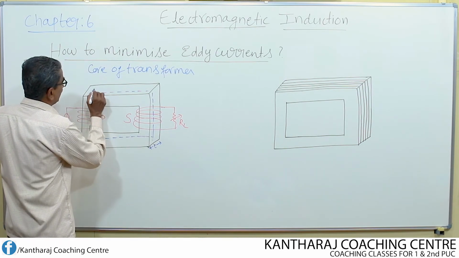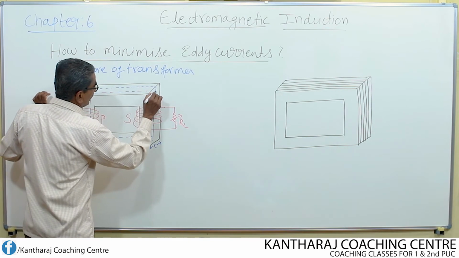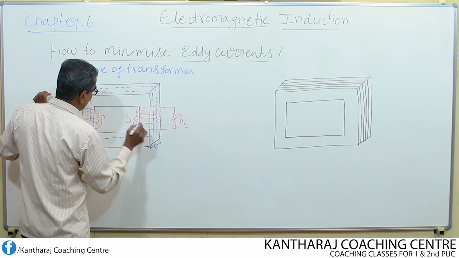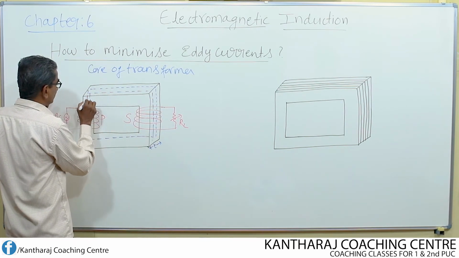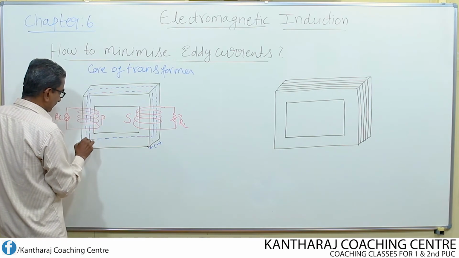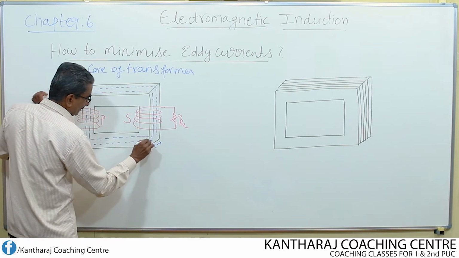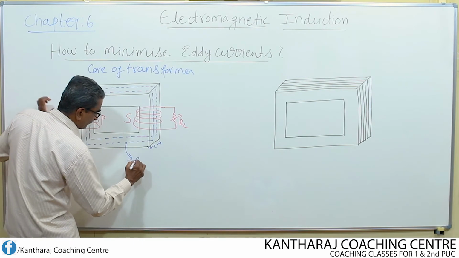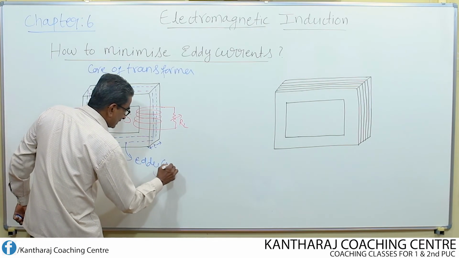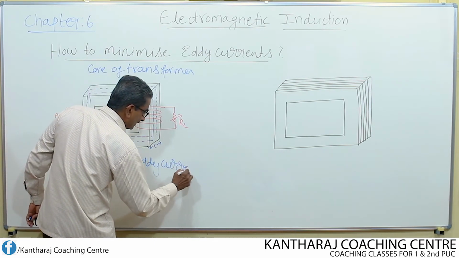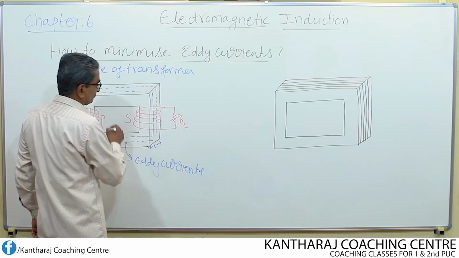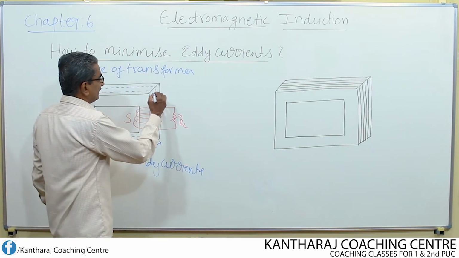So these are nothing but eddy currents produced because of the changing magnetic field produced in the primary. And this eddy current now eats up the core. So the core gets heated.